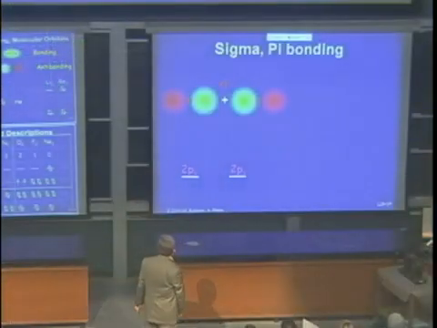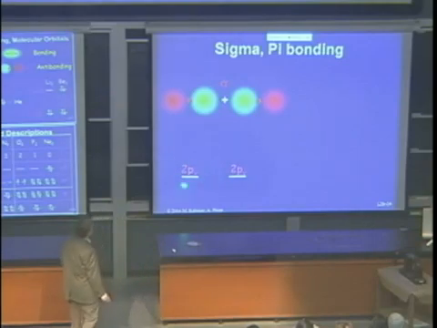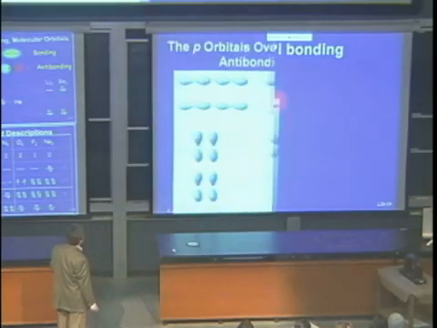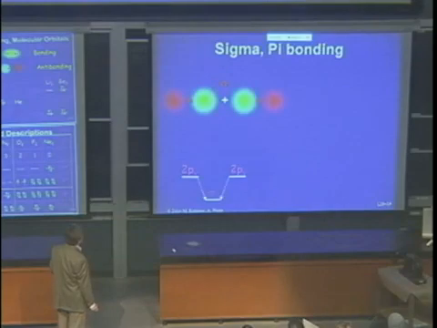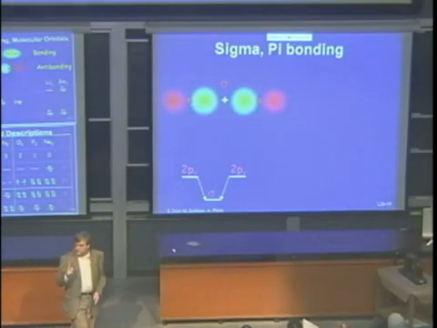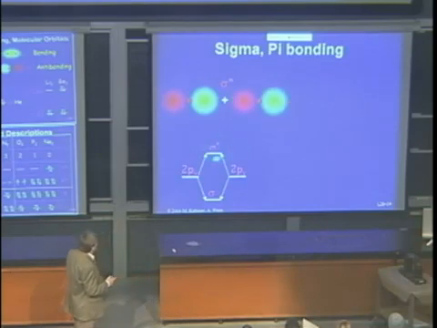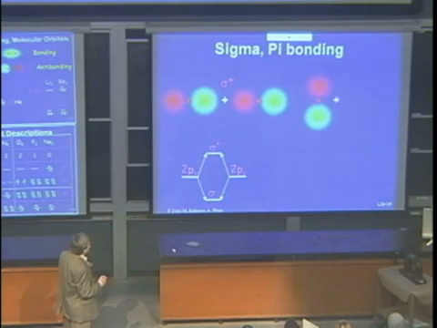So there it is again, sigma bonding. So that's our py's here. There's our py's. They formed that sigma bond. So now we have 2 more bonds that we form. And this would be the sigma antibonding.